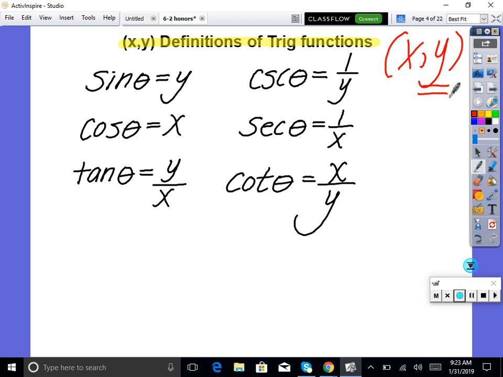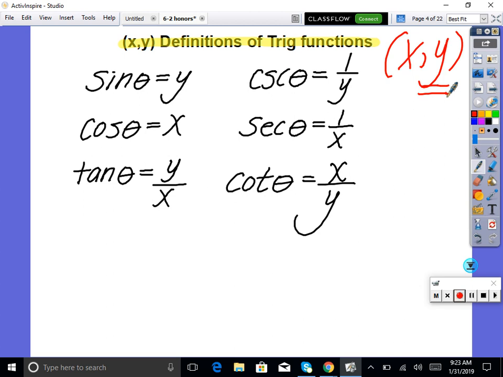Sine will always be the y value. We'll talk about why in a second. Cosine of any angle will always be the x value on the xy point, and tangent of theta will always be the y value divided by the x value. Every time. Now that is only true, though, if we have a radius of 1, aka the unit circle.